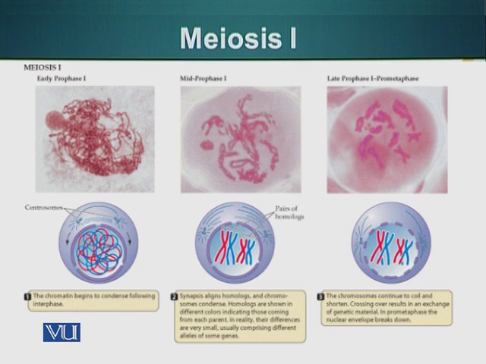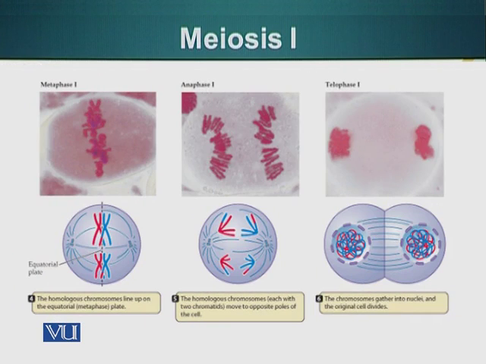The next phase of meiosis 1 is, of course, metaphase 1. Here, like in mitosis, the chromosomes have lined up at the equatorial plate. Please notice that when the chromosomes line up on the equatorial plate, the homologs are adjacent to each other. In mitosis, the homologs don't pair up.